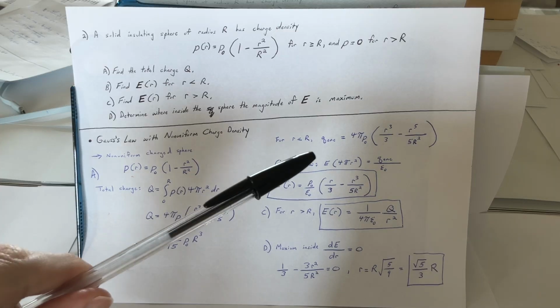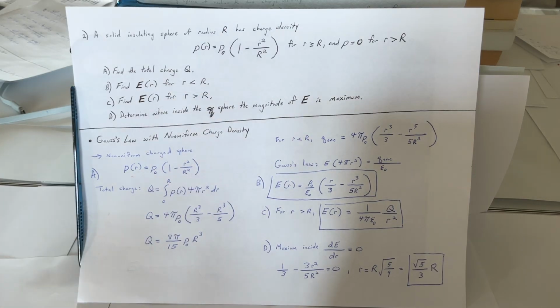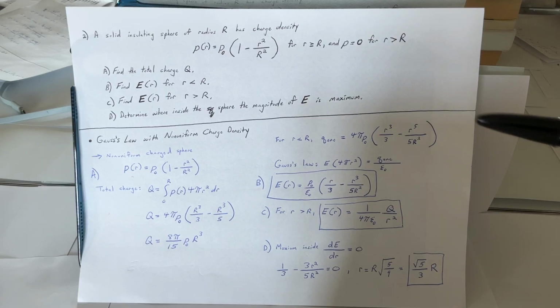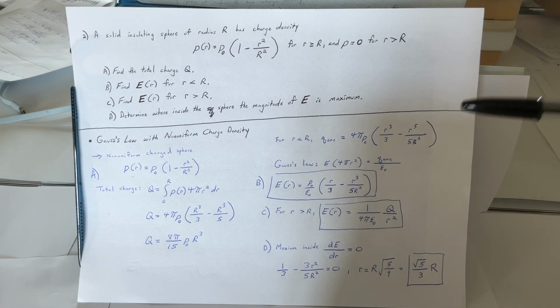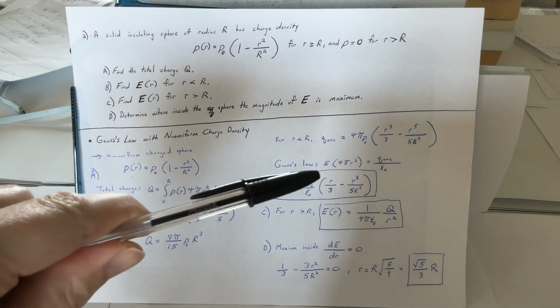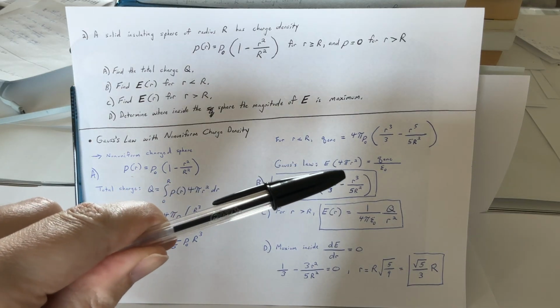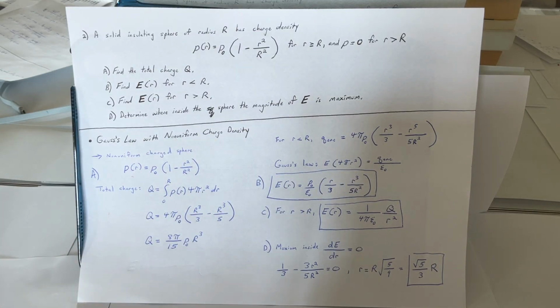For r less than capital R, our enclosed charge Q enc is 4 pi rho naught times the quantity lowercase r cubed over 3 minus lowercase r to the 5th over 5 uppercase R squared. And from Gauss's law, E times 4 pi r squared equals Q enc over epsilon naught.